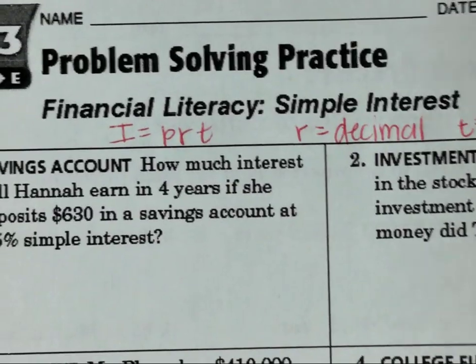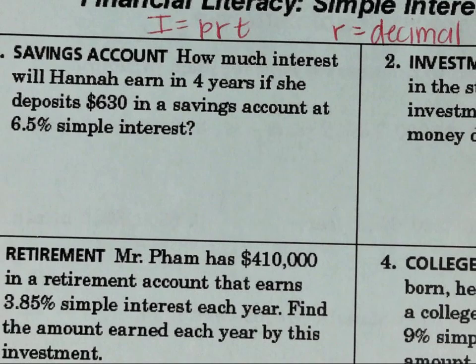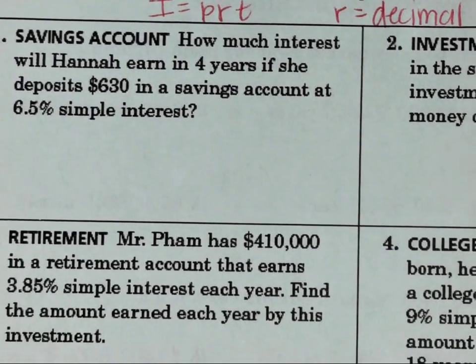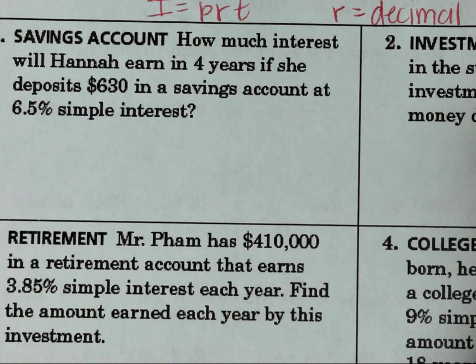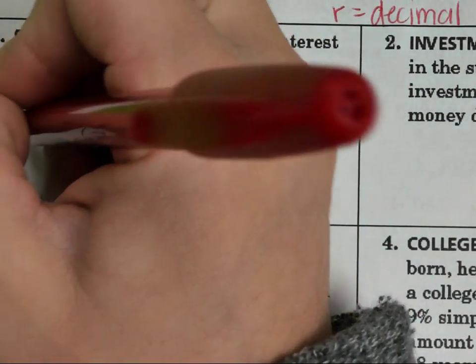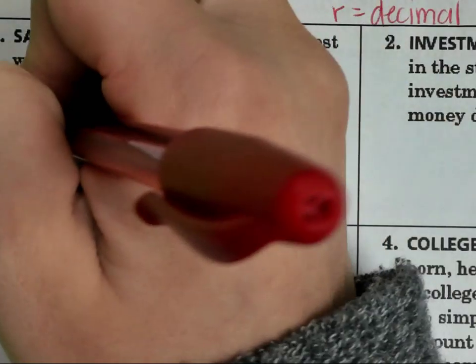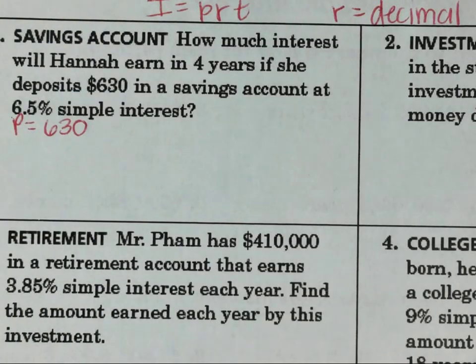Alright, so example number 1 says, how much interest will Hannah earn in 4 years if she deposits $630 in a savings account at 6.5% simple interest? Okay, so first thing I need to do is identify my variables. So my P, my R, and my T. So what is my P in this case? $630.